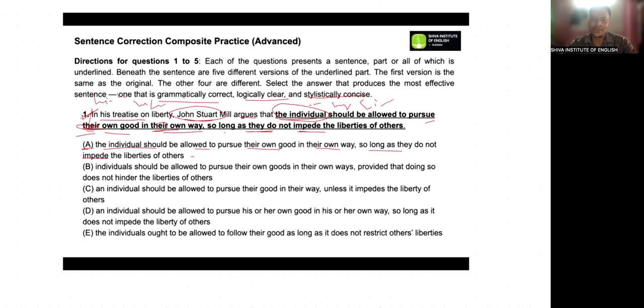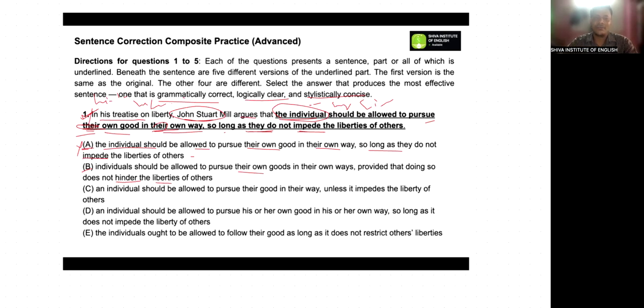B, individuals. It is given that individuals should be allowed to pursue their own good in their own way, provided that doing so does not hinder the liberties of others. Now, B changes individual to individuals, right?